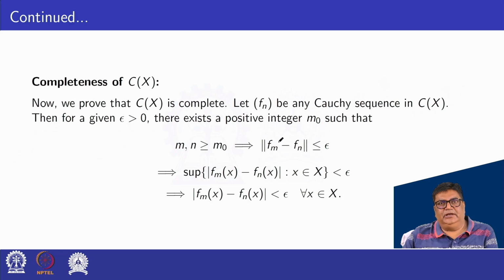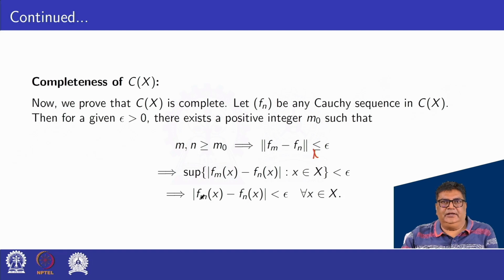This implies the supremum of |fm(x) − fn(x)| such that x belongs to X is less than ε, as per the definition of the norm.